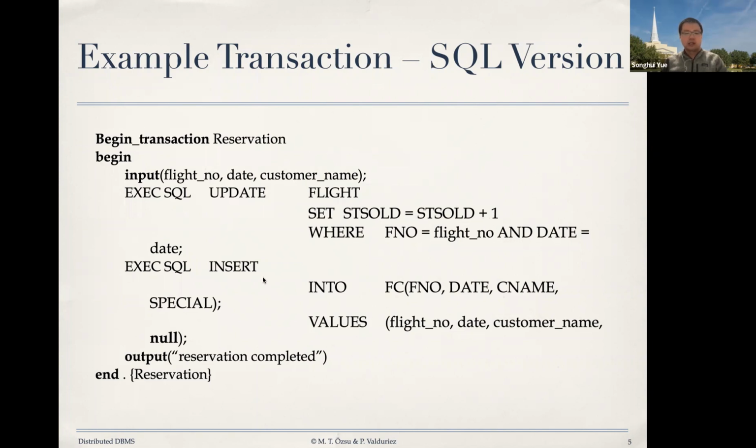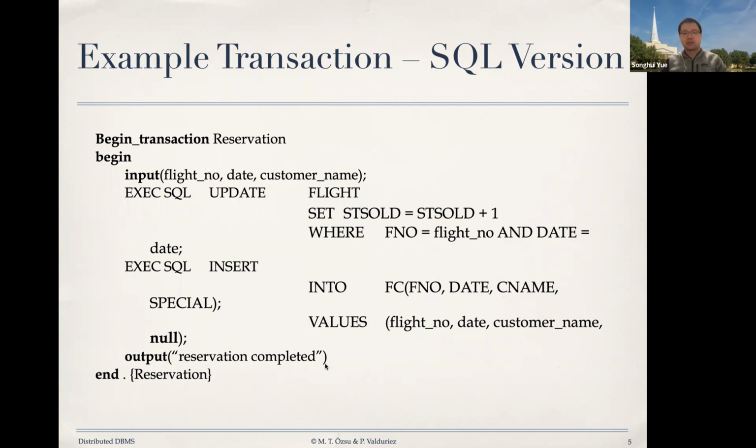Okay, and for insert, it's to insert an FC tuple with F number, date, C name and special, with values connected with the input. So as you can see, the output is reservation completed. So this is the transaction for booking a flight, or making a reservation of the flight for a customer.